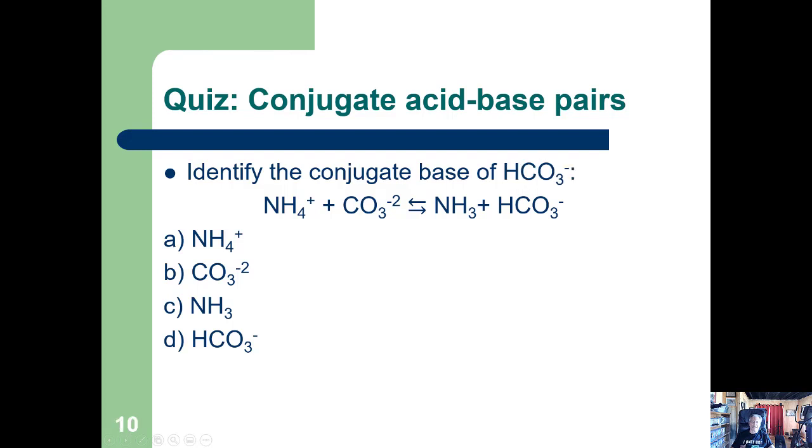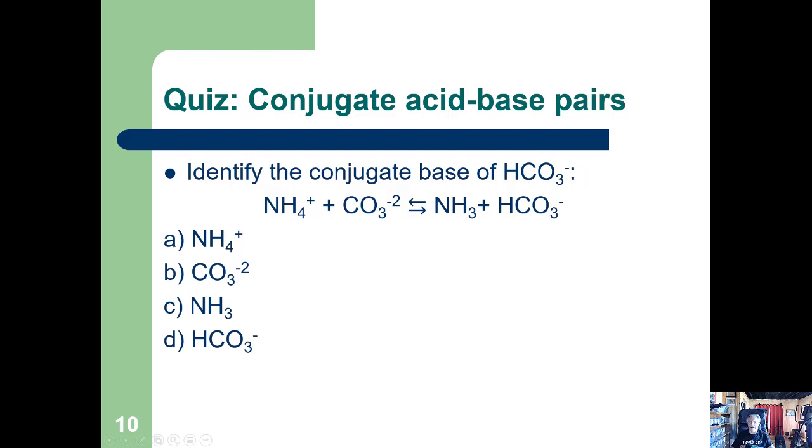Here's another one. Identify the conjugate base of the bicarbonate ion. So this is an ion, but it can still act as an acid. And acids do what? They donate protons in the Bronsted-Lowry sense. They're donating protons, and so you're looking for the conjugate base of the bicarbonate ion.